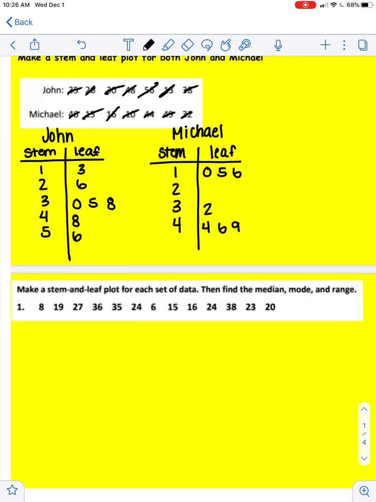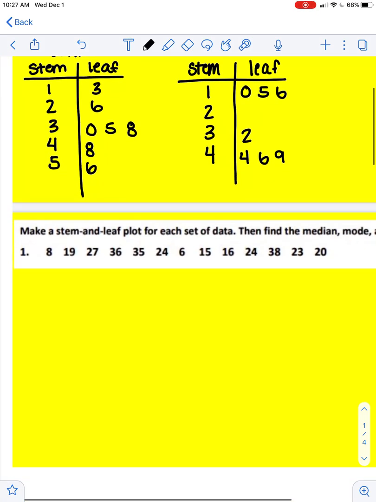So to show you how these can actually help you with those measures of center, we're going to look at number 1 right here. And I've got 1s, 10s, 20s, and 30s. So I'm going to go ahead and make that T-chart with one side labeled stem, the other side labeled leaf.